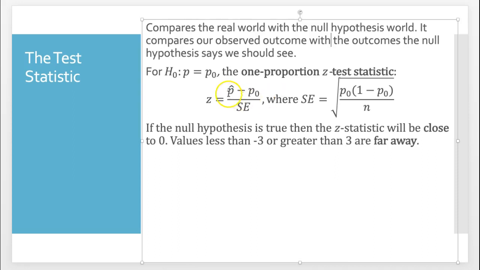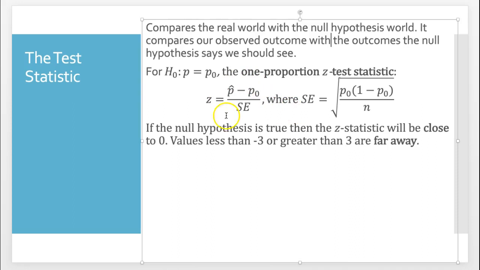So we compare this difference to the standard difference that we should expect to see. Remember, standard error here is just the standard deviation of the sample proportion. This represents the average or typical difference we should expect to see between the sample proportion and the null hypothesis proportion, because that's the center.